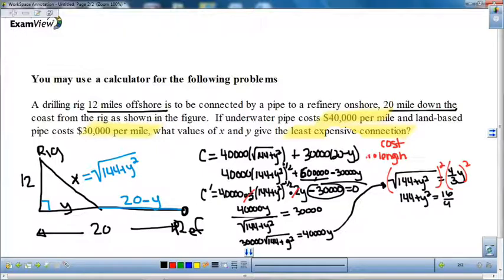And it has 16 over 9 y squared. I'm going to subtract y squared from both sides. So 16 ninths minus 1 will give me 7 ninths y squared. So multiply by the reciprocal.